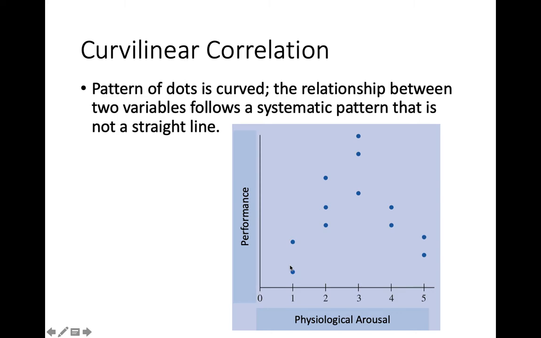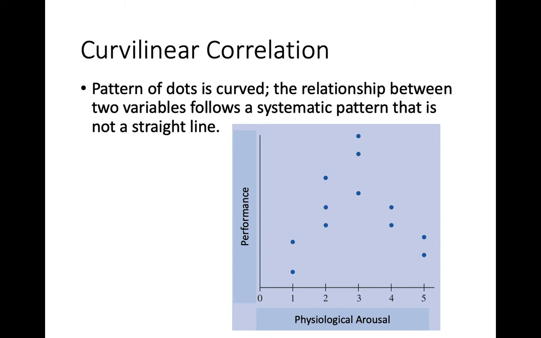Being too calm and too relaxed, okay, maybe your brain is not firing, but being too pumped up, okay, your heart is beating, you're perspiring, heavy breathing, okay, that's not good for test taking performance either. So we've got a curvilinear relationship where there's clearly a systematic relationship between the two variables, but it does not follow a straight line pattern.